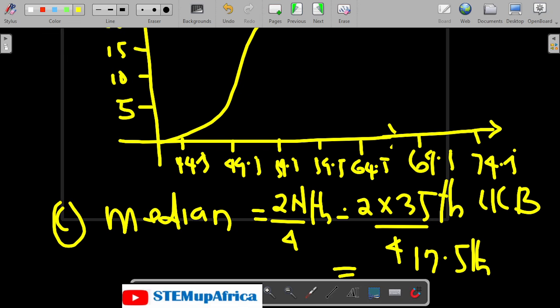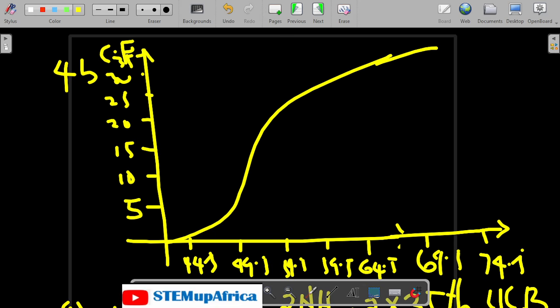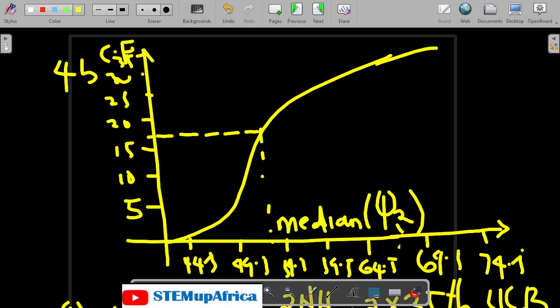So come to your graph and trace 17.5. It should be somewhere around here. You trace it until you get to the ogive, then trace it down. So this point now is your median, or the second quartile, or Q2.